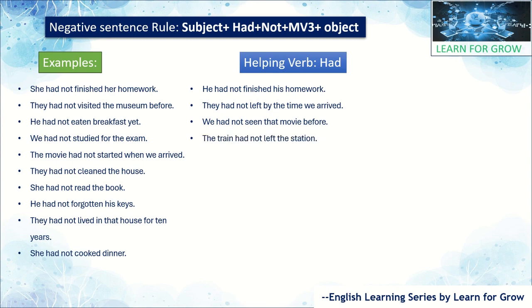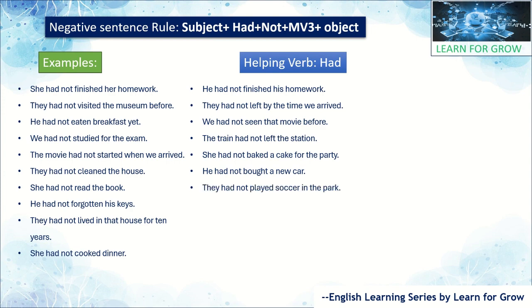The train had not left the station. She had not baked a cake for the party. He had not brought a new car. They had not played soccer in the park. We had not watched the sunset. She had not painted the walls blue.